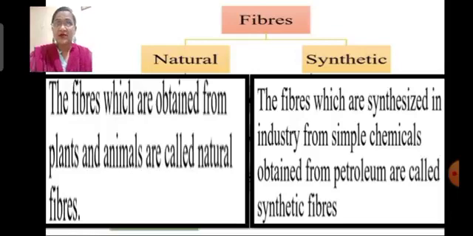Then children, what are natural fibers? The fibers which are obtained from plants and animals are called natural fibers. And what are synthetic fibers? The fibers which are synthesized in industries from simple chemicals obtained from petroleum are called synthetic fibers.